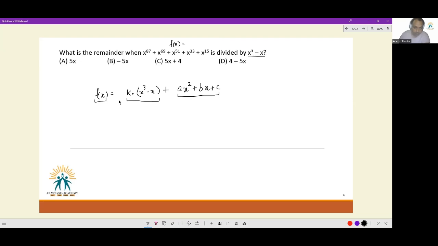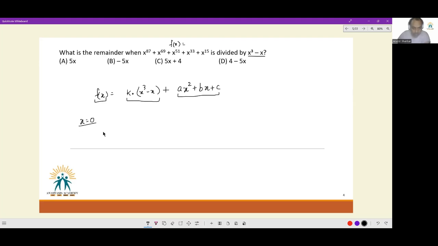Okay. Now that we have this, what we can do is, let's put down x equal to 0.